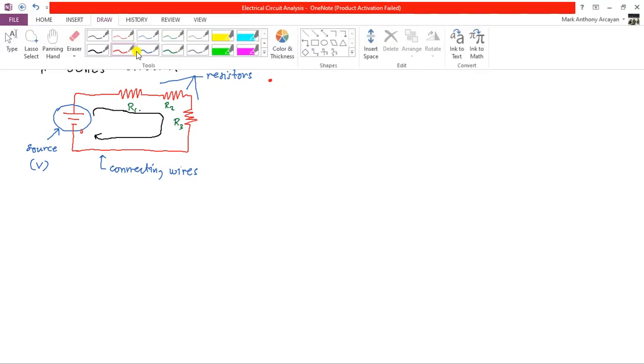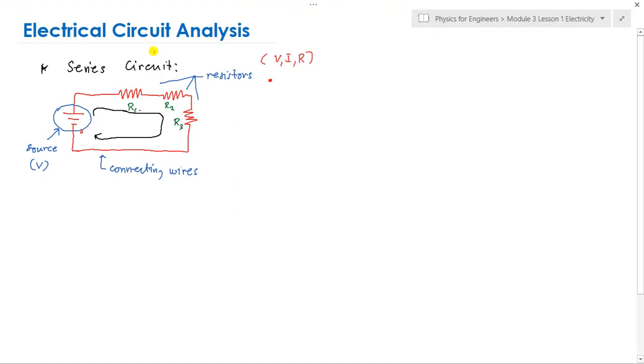Now let's start with the current. For our current I, the total current, I total, is equivalent to the current passing through R1, equal to the current passing through R2, and equal to the current passing through R3, meaning the currents are the same throughout.